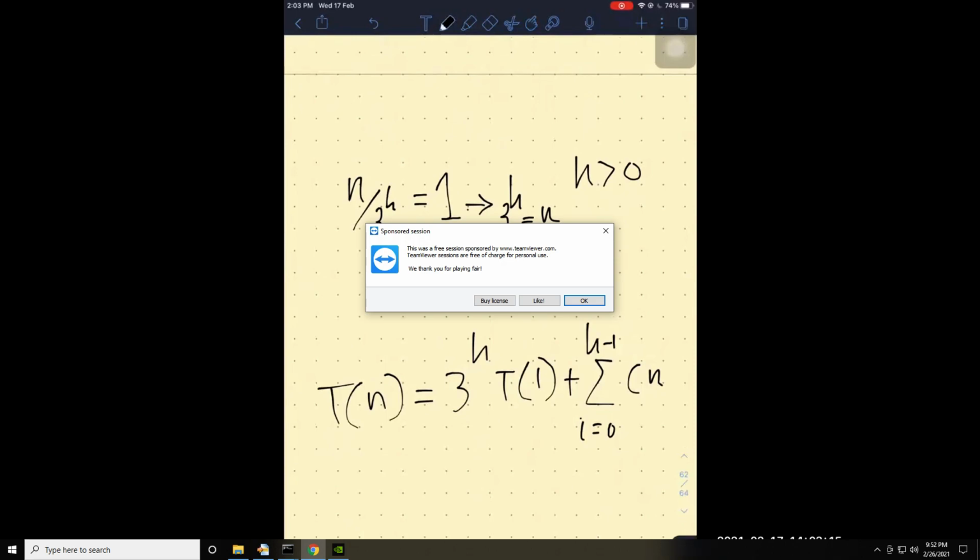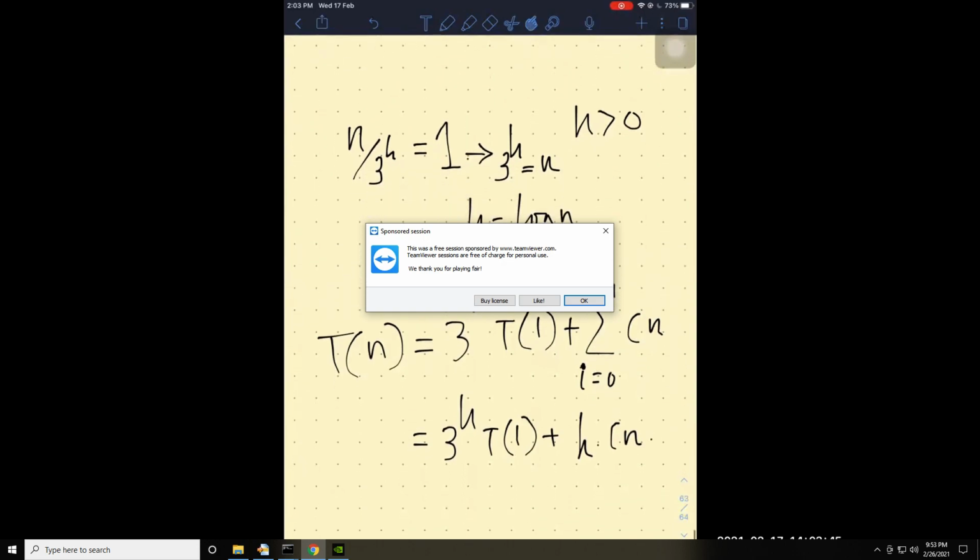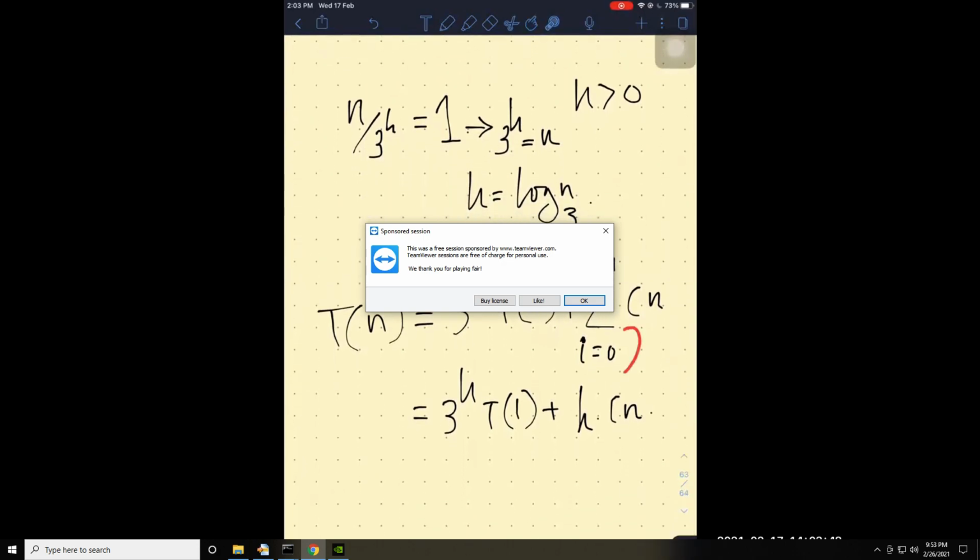As c of n is independent of i, we will get 3 to the power h times T of 1 plus h times c of n. So is this part clear? Any questions regarding this one? You just use the formulas from the beginning, right? Yeah, exactly. Just the summation of this one will be h, as it is independent of i.